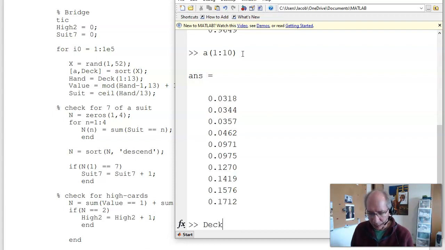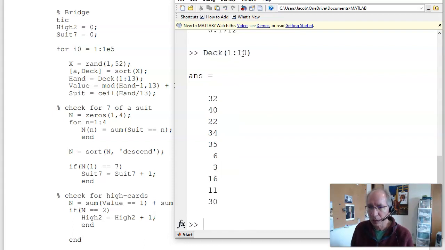The second number is the card. So the 32nd card in the deck is on top of the deck. The 40th card in the deck is the second one, 22nd card, and so on. My hand is the first 13 cards in the deck. So there's my bridge hand.